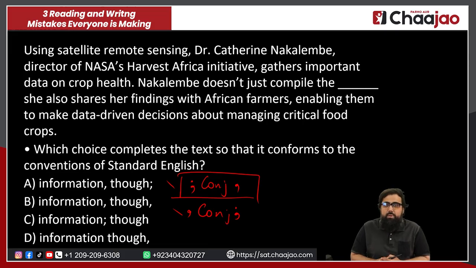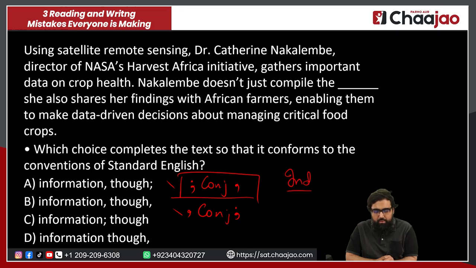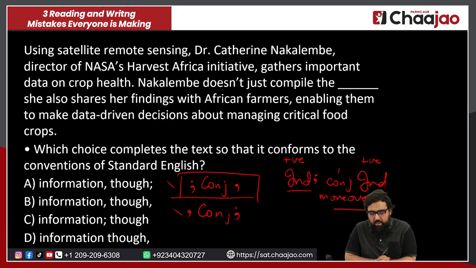Now just remember, if you have these two sentences, there is a conjunction between them. If this conjunction is in line, so if this sentence is, for example, positive, and this sentence is positive, and the conjunction is moreover, in this scenario the semicolon will be before the conjunction, and the comma will be after the conjunction, right?